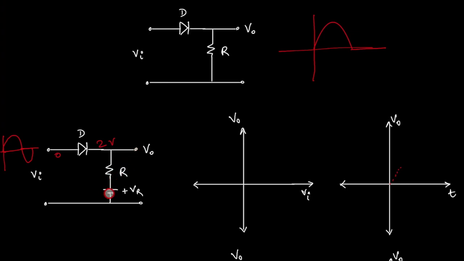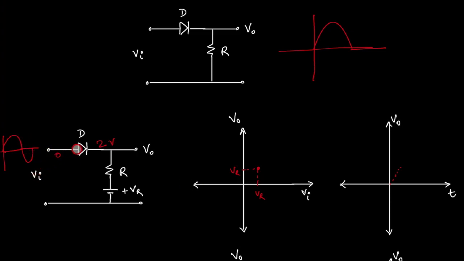But here in slope, as I said, what is the trick here? Plus VR. So simply mark plus VR, plus 2 volts, on input and output. So this is VR. So we got a point, correct? From this point, see here, output is not coming from 0 to 2 volts.